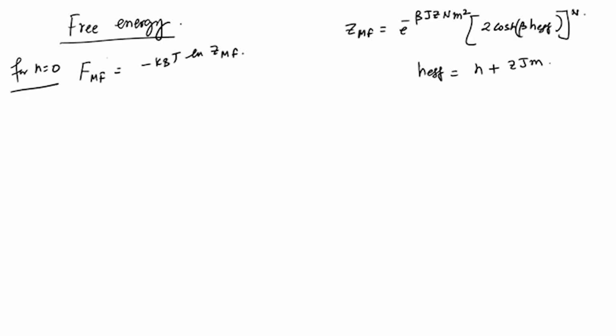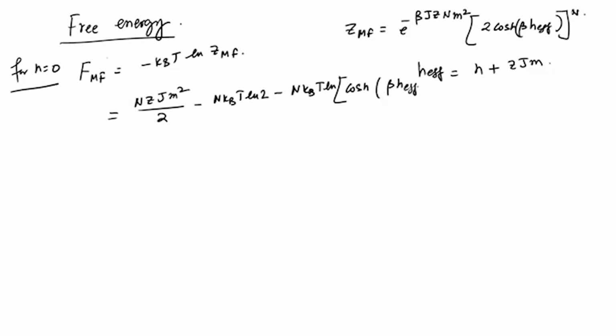Okay. So, we want to calculate what happens to the free energy at 0 field, and in order to do that, let me write this expression down. So, this is n z j m square over 2 minus n k t log of 2 minus n k t log of cosine hyperbolic beta h effective.